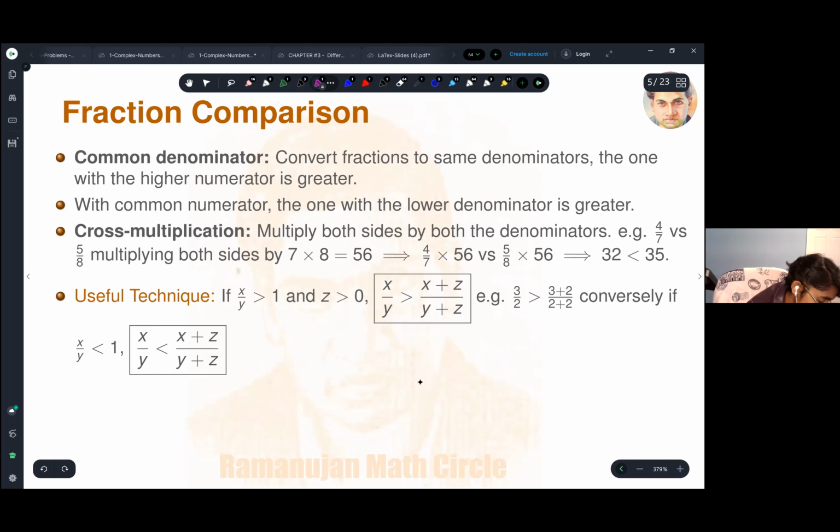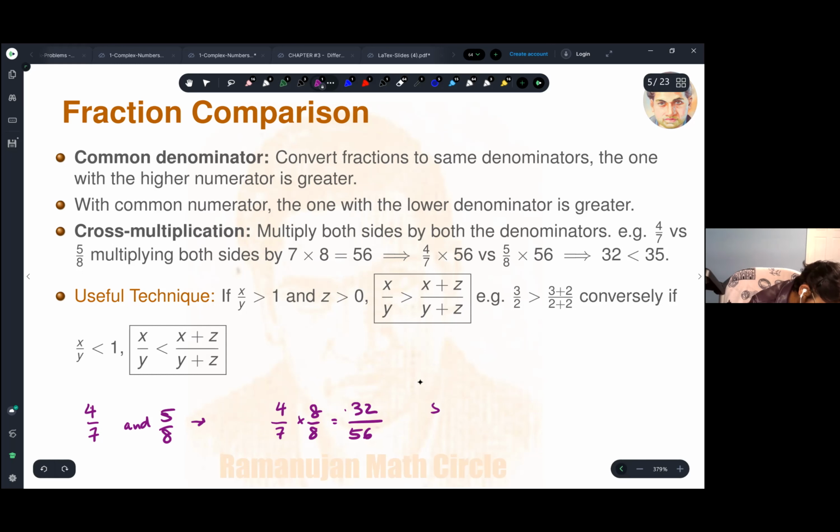Okay, a common denominator. When you try to compare 2 fractions, you convert to the same denominator, and the one with the greater numerator is larger. For example, if you're comparing 4/7 and 5/8, we would multiply 4/7 this way, and you get 32 over 56.